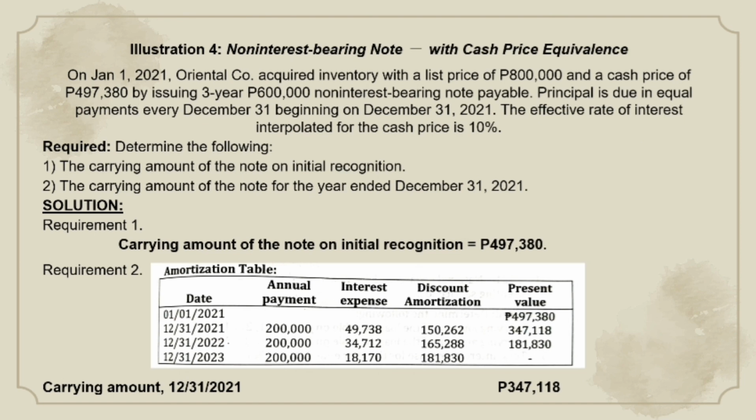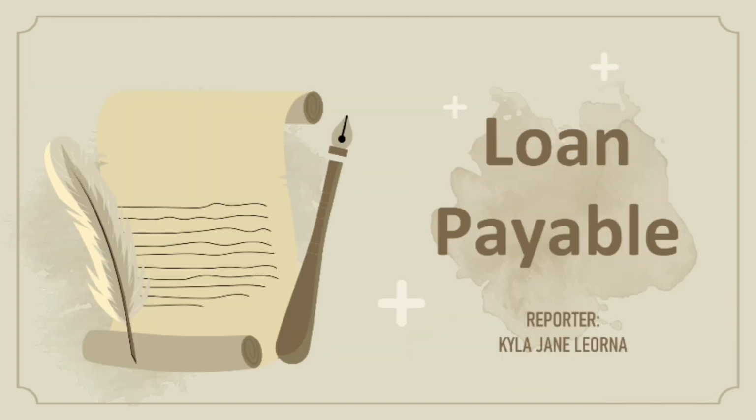We have here the present value of 497,380 deducted by the discount amortization of 150,162. So the carrying amount on December 31, 2021 is 347,180.